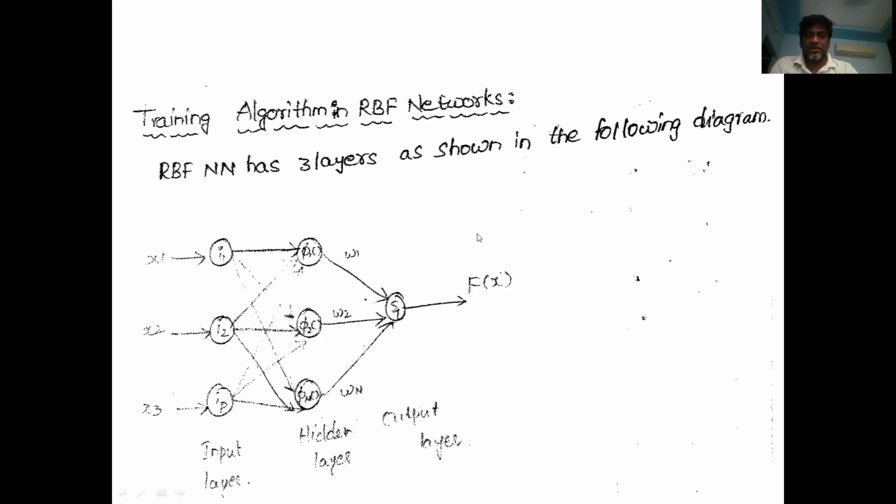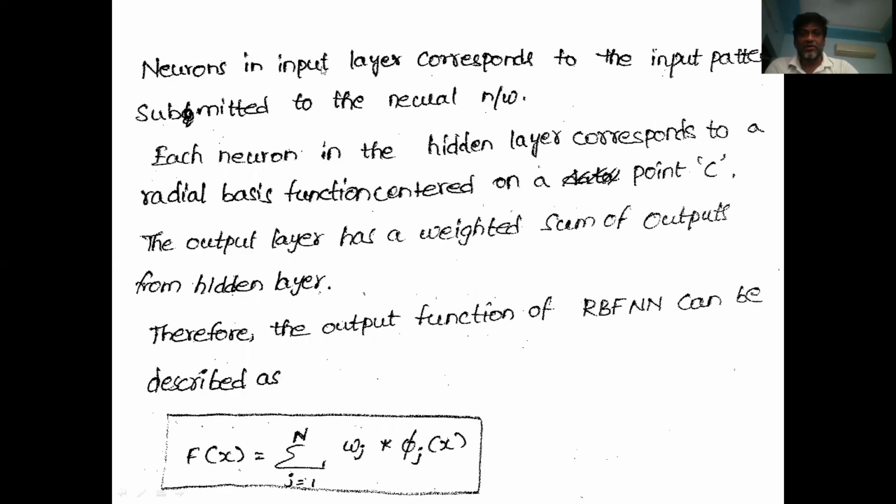So this is a brief introduction to the RBF neural network, where neurons in the input layer correspond to the input patterns submitted to the neural network. The number of input neurons depends on the size of the input pattern that we use, and each neuron in the hidden layer corresponds to the radial basis function centered on a point C. Every hidden neuron makes use of its own center, and you need to understand how these centers are calculated.